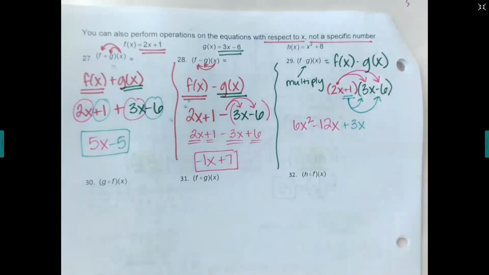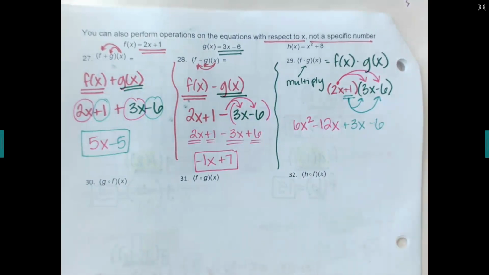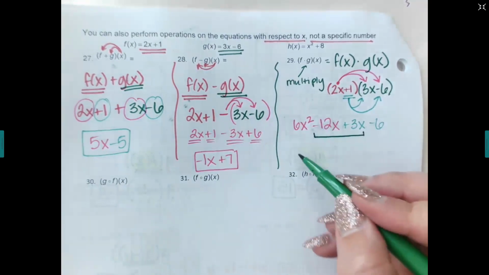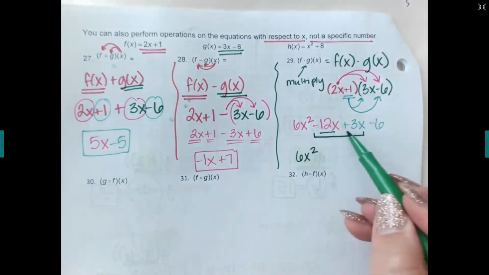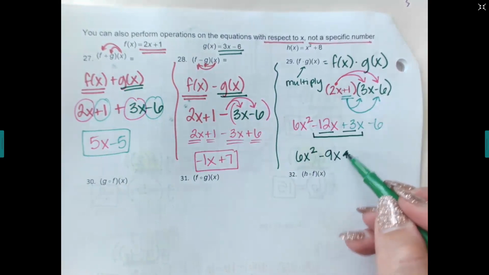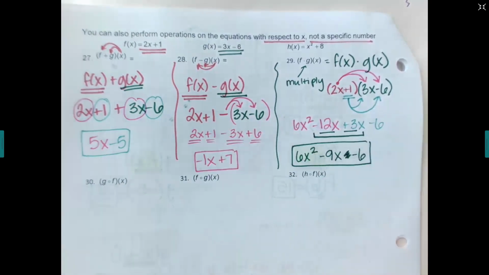And then plus 1 times minus 6, that would just be a minus 6. Okay. From there, I see that these middle two terms are the same type, they're like terms. So I would say, okay, my 6x squared is going to stay. But if I have negative 12 plus 3, that would be a negative 9x. Oops, and then this was a minus 6. Okay.